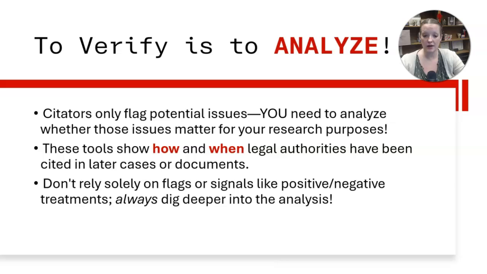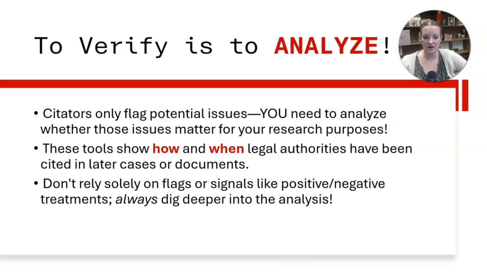We also talked about how they help you to analyze the validity and relevance of sources, the significance of factors such as jurisdiction or date or the reasoning provided, or point us to and help us to analyze additional relevant sources. Again, they point us to potential issues, but we as lawyers must analyze these issues to understand how or if they apply to us, right?